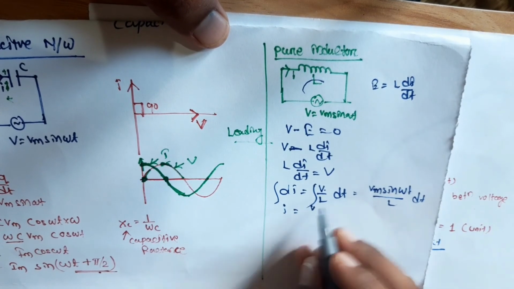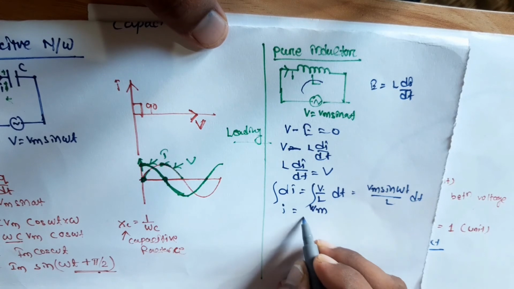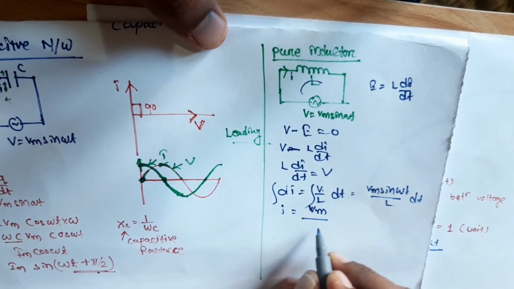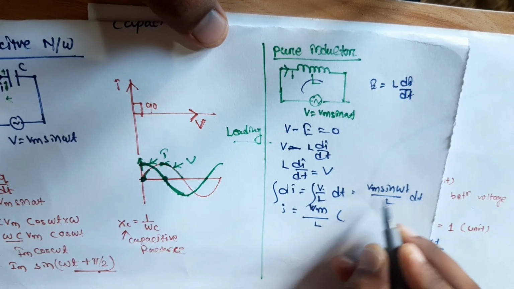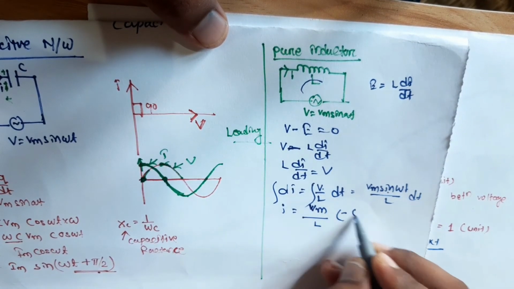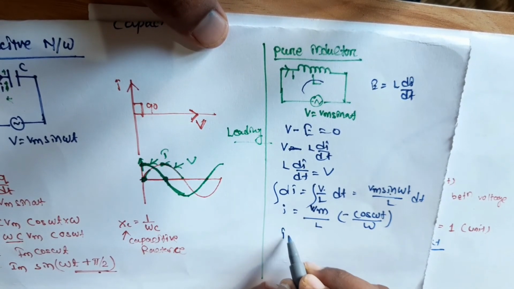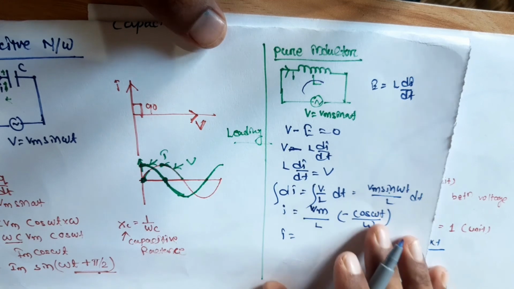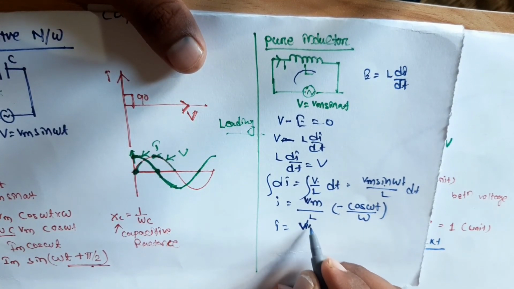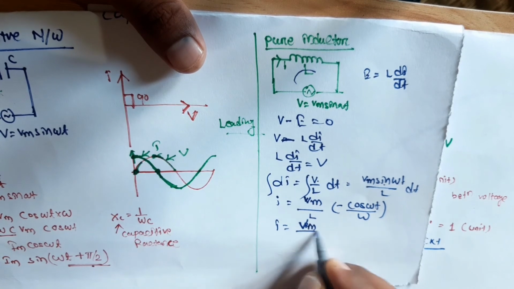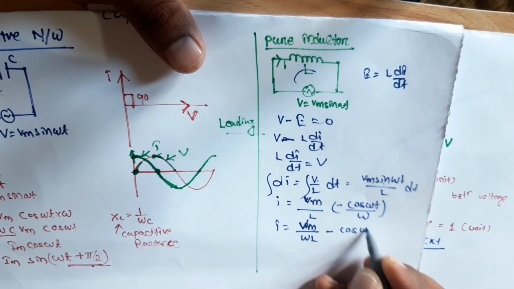Integrating that, we got Vm divided by L, and the integration of sin omega t is minus cos omega t divided by omega. Then we get I equal to Vm by omega L times minus cos omega t.